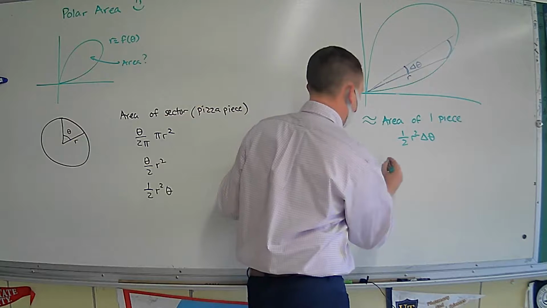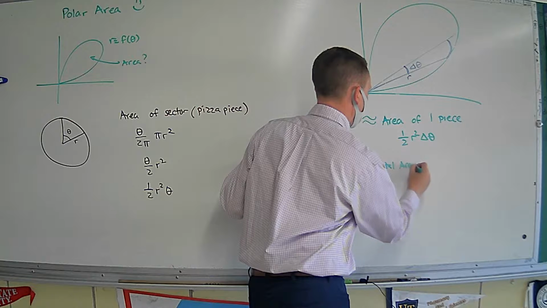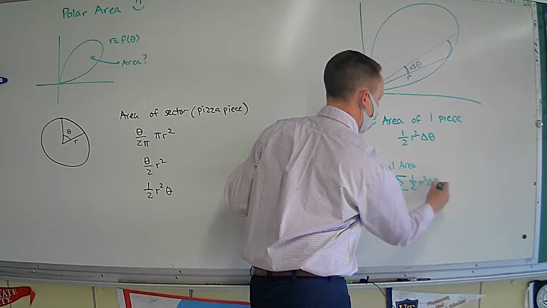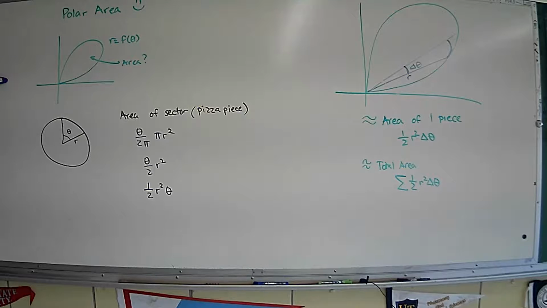So then I could say the approximate total area would be, well, just add up a finite sum of many of those. And that's going to approximate the area of the whole leaf. But then how do you make the approximation better? More pieces. And how do you get more pieces? What needs to get small? Delta theta.